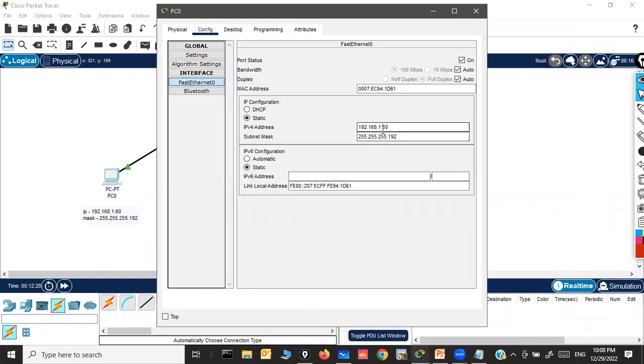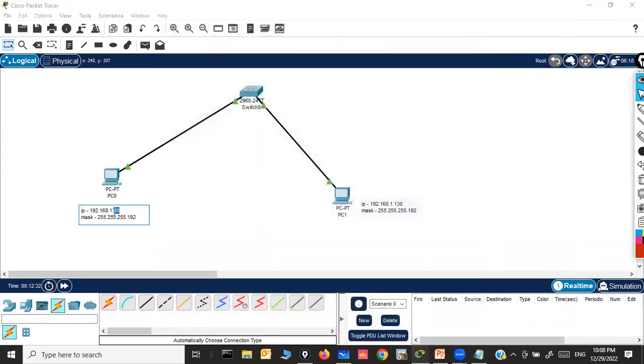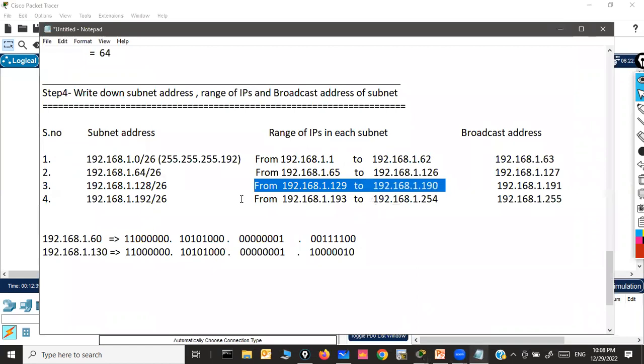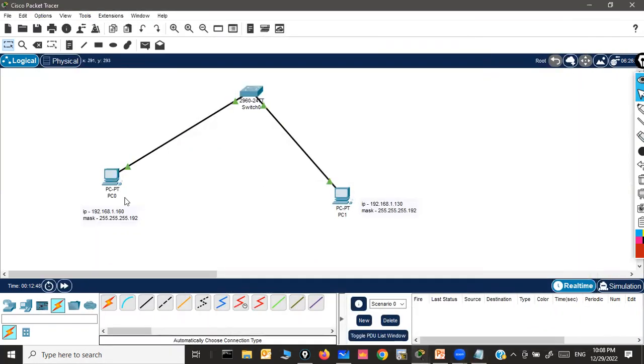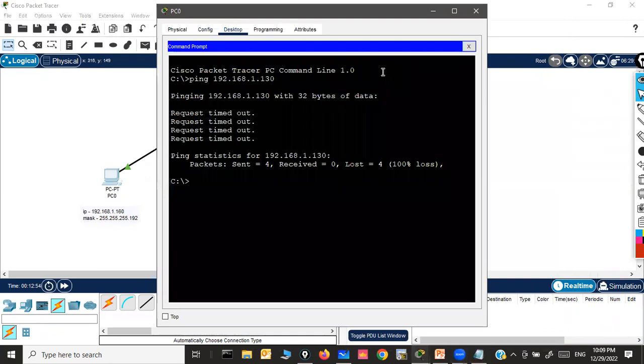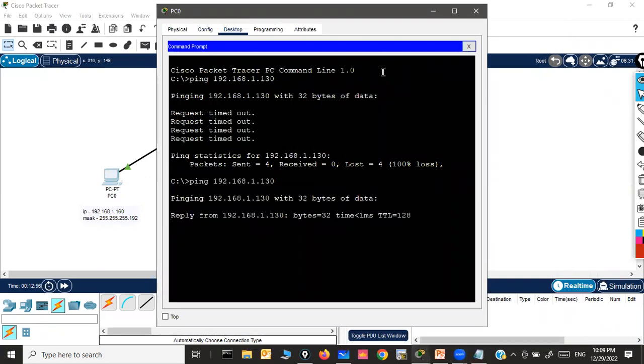So now I assigned 160 here, and the other is 130. If you look at the table, 130 and 160 mean the same range, the same subnet. So yes, they will communicate. If I again ping the same IP 130, yes, they both are communicating, right?